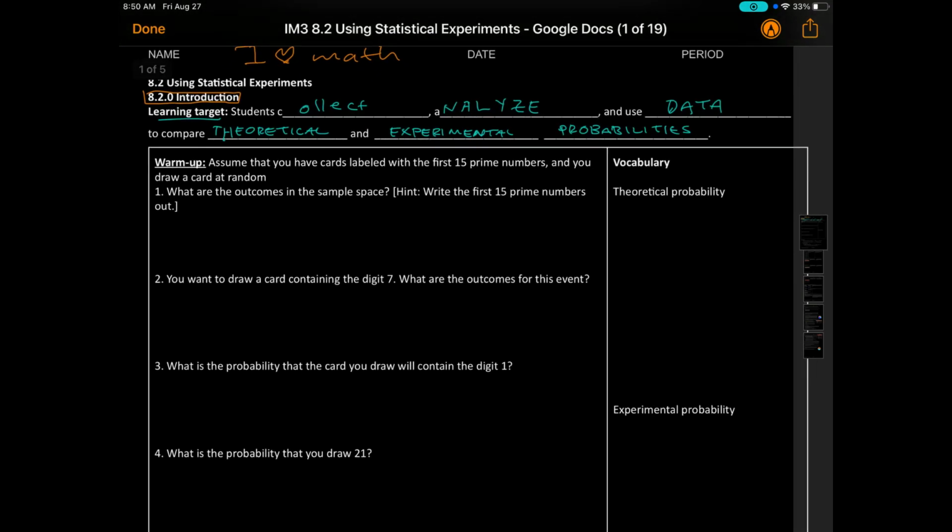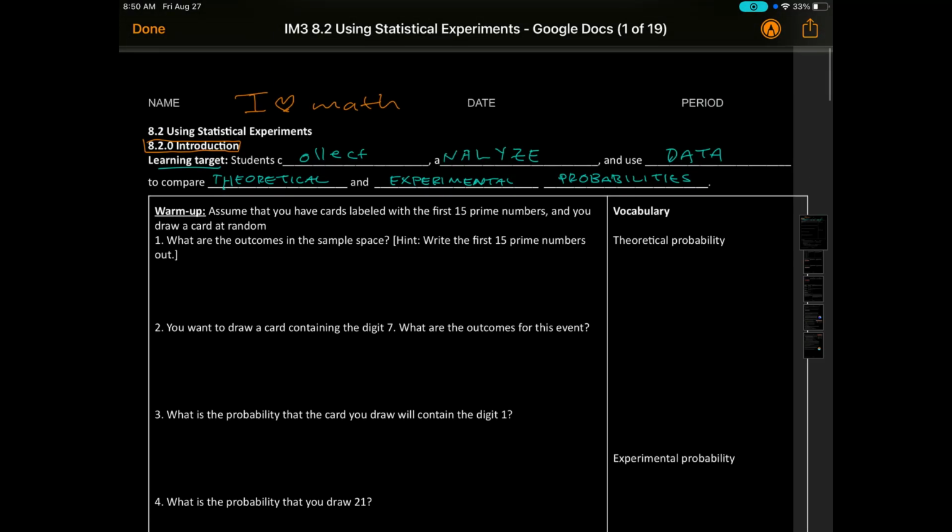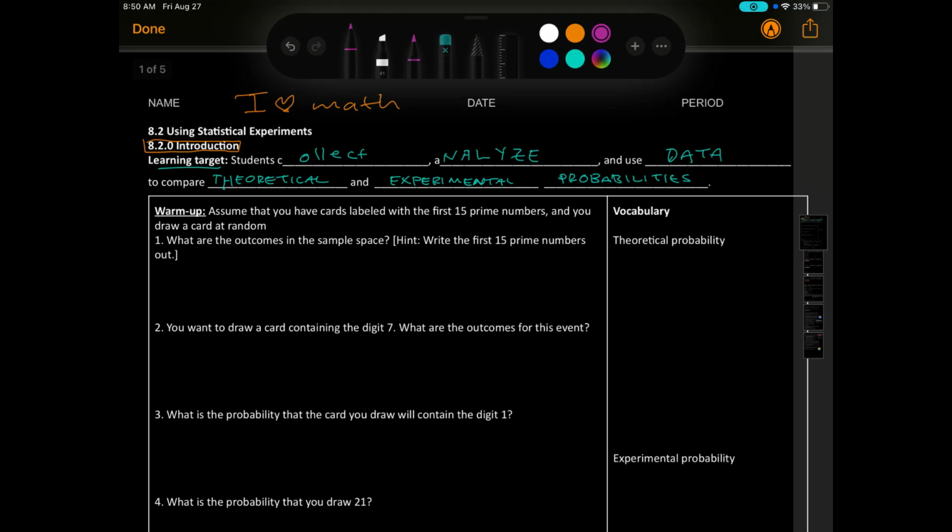Okay, I've got a warm up here. Assume that you have cards labeled with the first 15 prime numbers and you draw a card at random. Let's make sure we understand what a prime number is. A prime number is a number that is equal only to itself times 1.